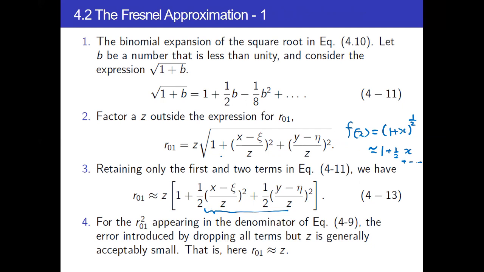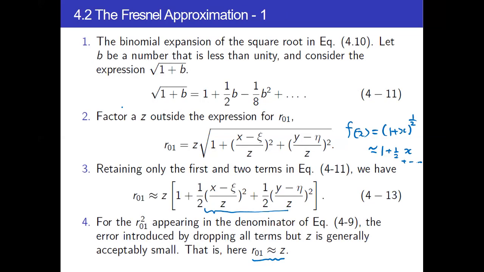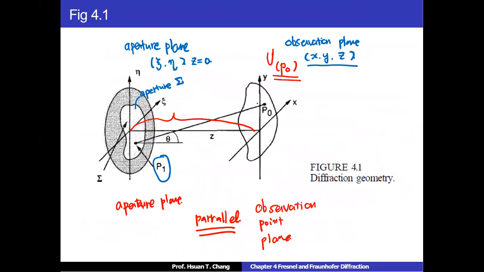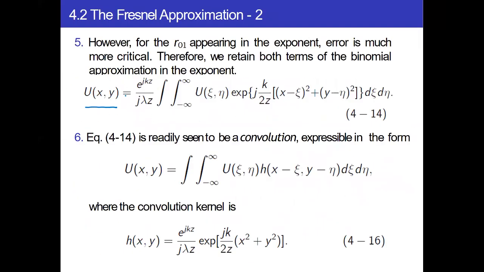So we want to keep only the first term, okay? And then as I said before, R01 is very similar to Z. And then our approximation becomes like this. This is the U(x,y). This is what we want.